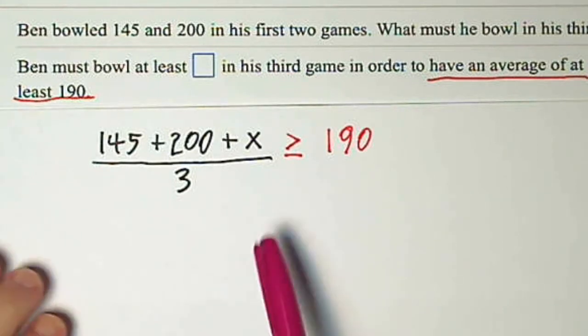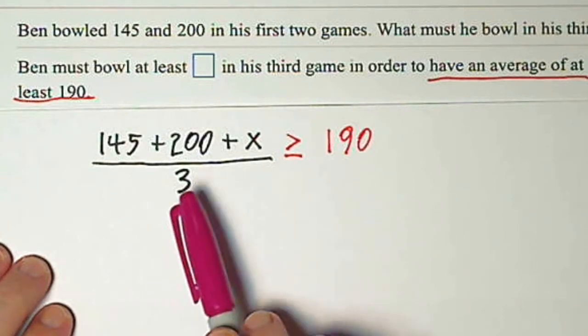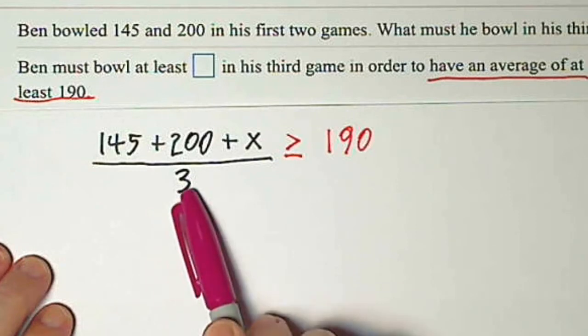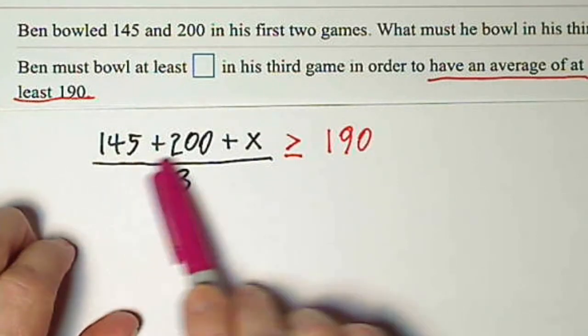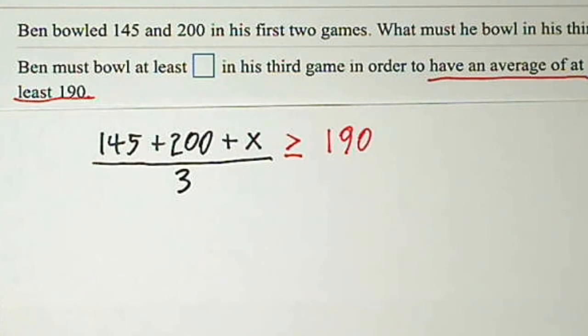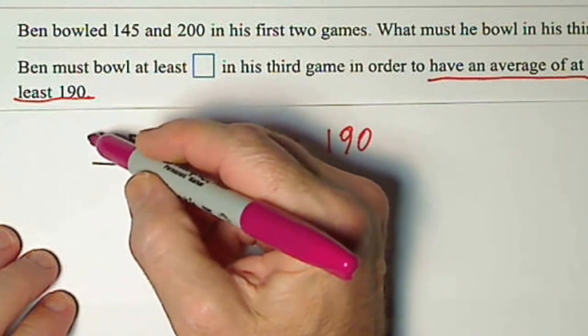We haven't solved one that looks like this to start. I want to get rid of the 3, and it's held there by division, so I can use the opposite operation, multiplication, to get rid of it. And of course I have to do the same thing on each side.